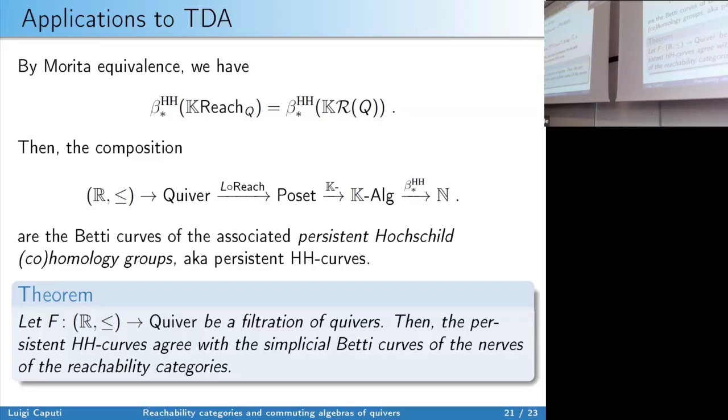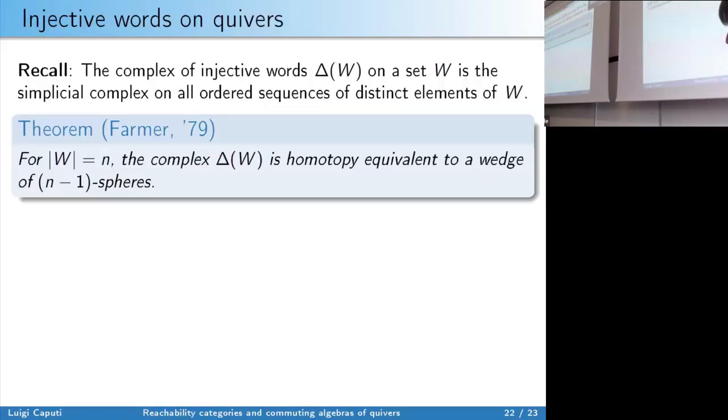And the last bit I wanted to say, because we showed some relation with ring theory and with topological data analysis, is that I want to show you some connection also to magnitude homology, or basically to combinatorics. This is in terms of complexes of injective words. If you start with any set, you can cook up this simplicial complex, which is given by all possible ordered sequences of words with distinct letters in the set you chose.